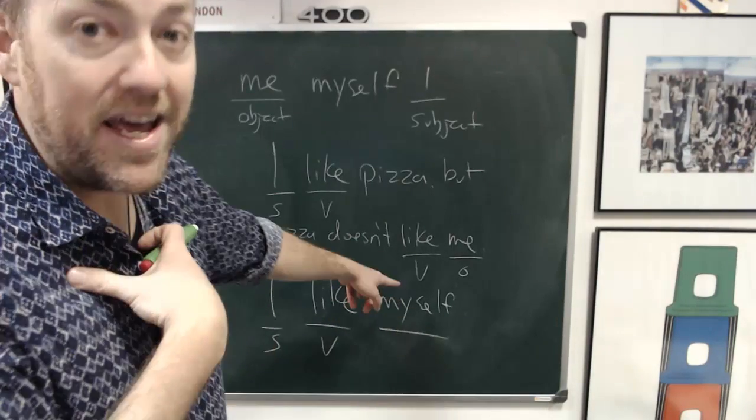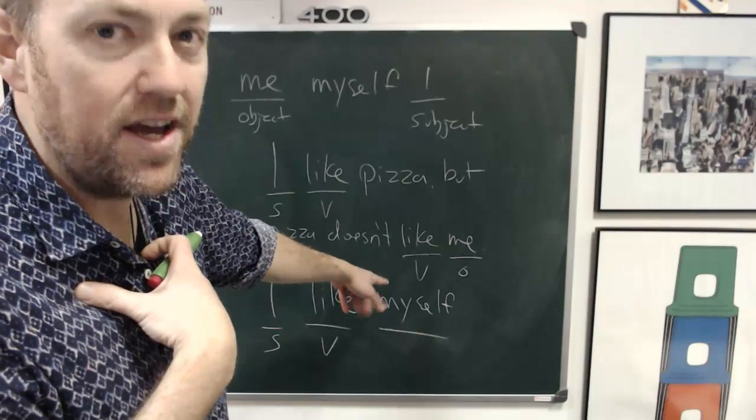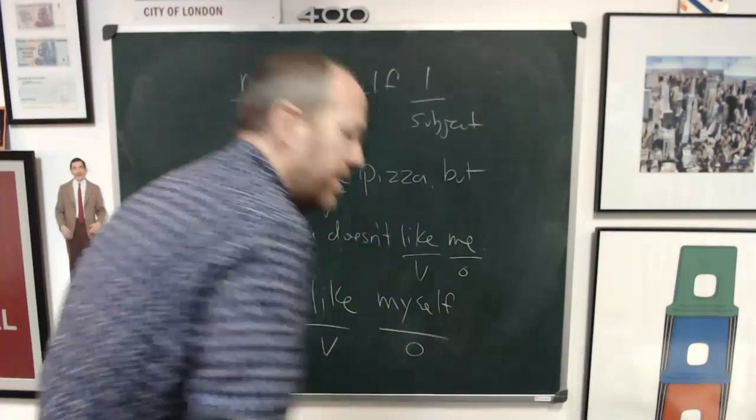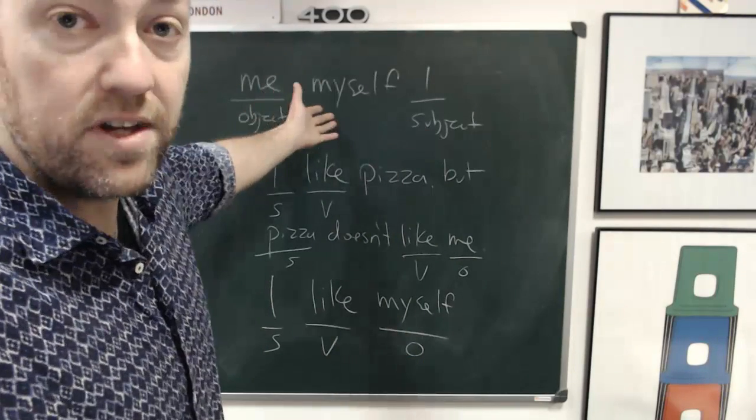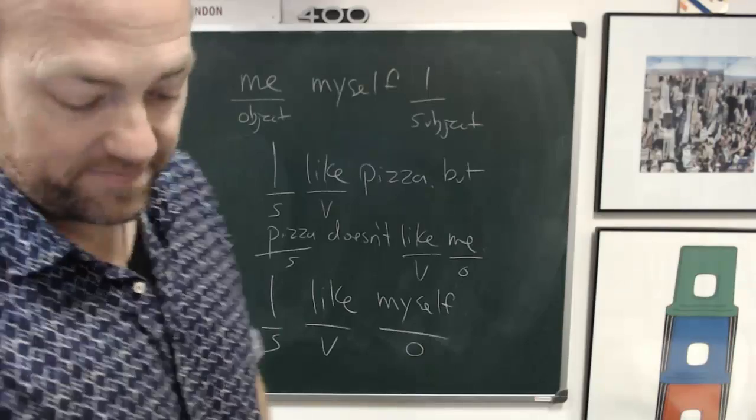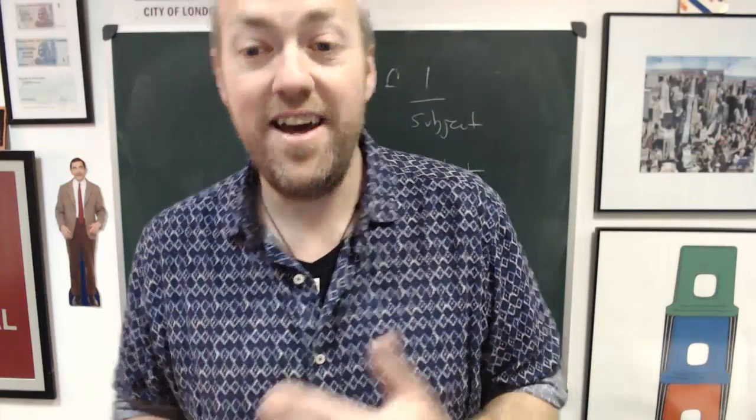I am the subject and I am also the object. I like myself. If the subject and the object are the same, we use the reflexive pronoun. Hopefully that answers your question. Please tell me if not, and I will explain some more.